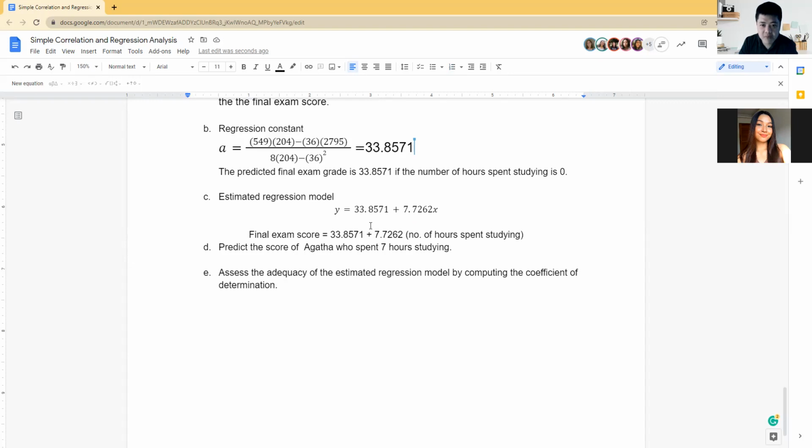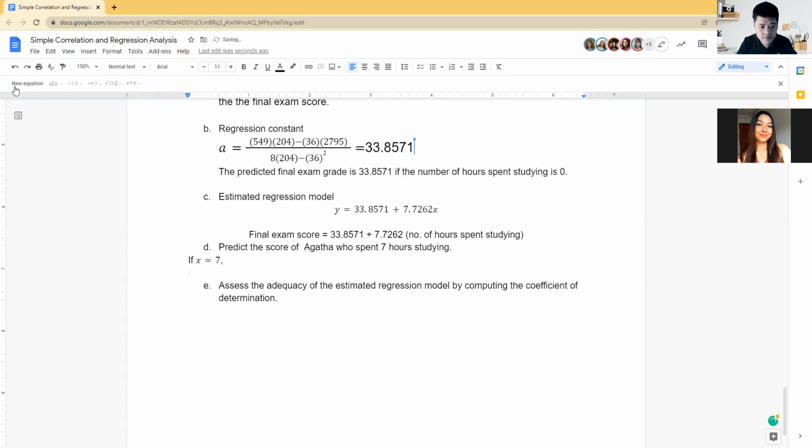Pwede nyo i-type sa chat box. May sagot na kayo? Meron na ba? 87 daw, sabi ni J-Cell.